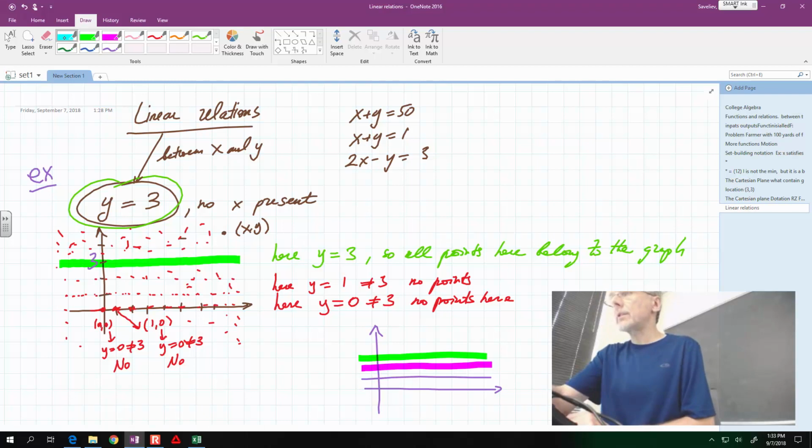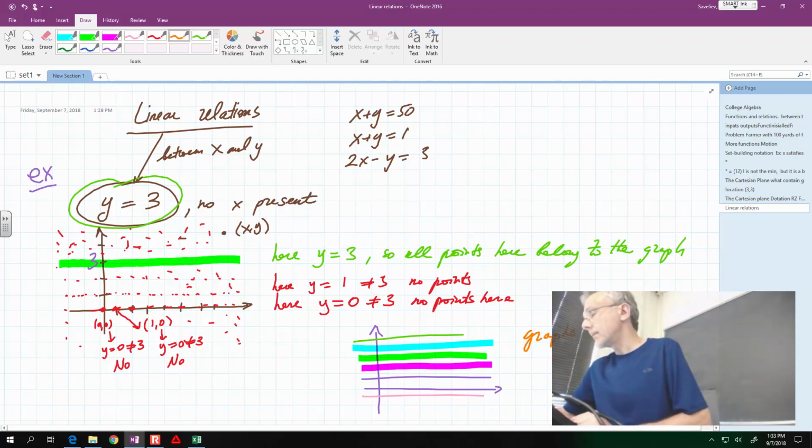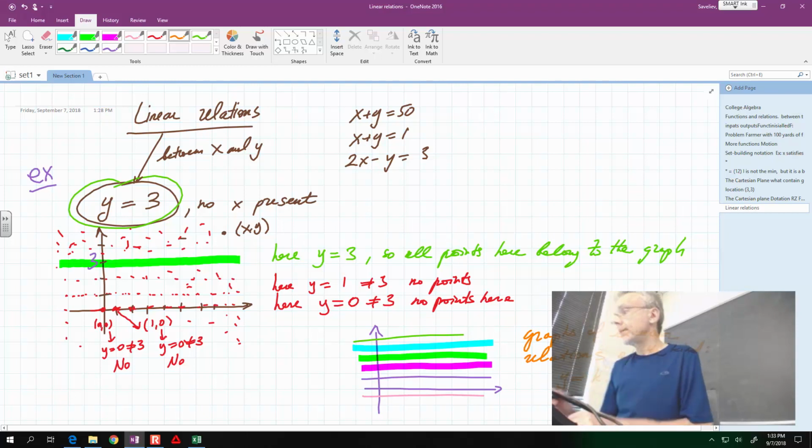All of these are graphs of different linear relations, of a special kind, and that kind is y equals something. No x. Okay.